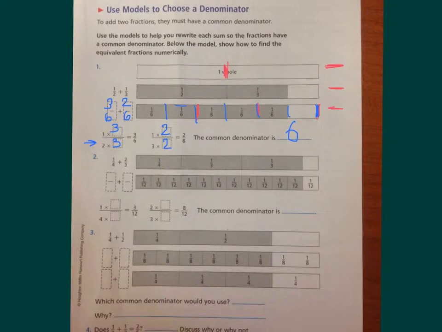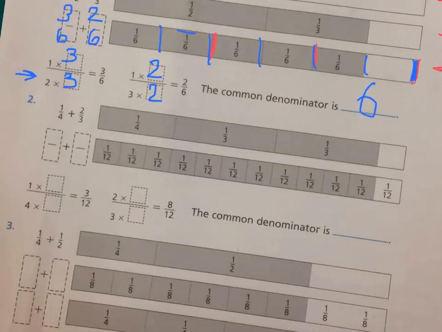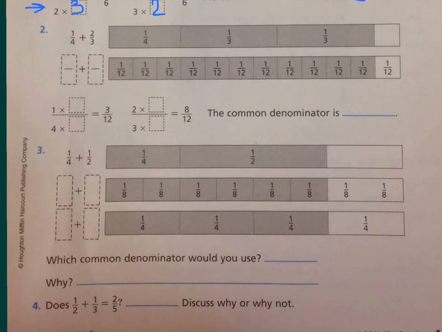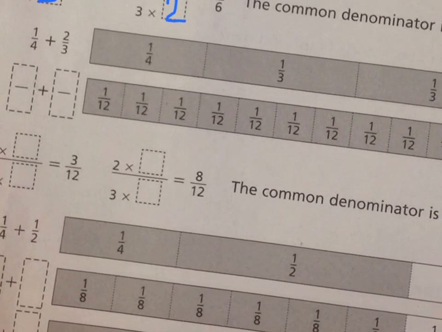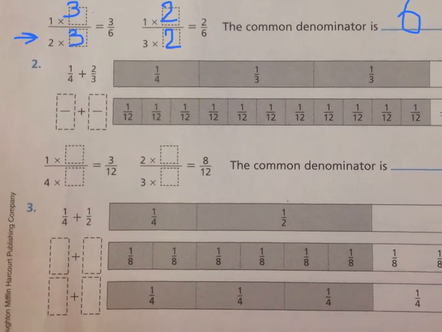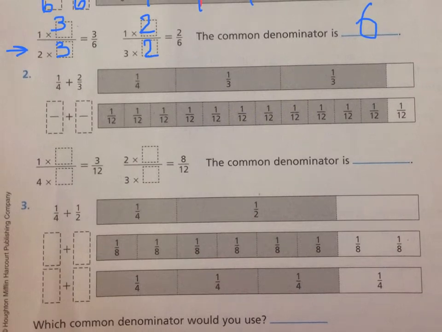All right. Using these same ideas, let's look at our next one right here. I think I'm going to try to enlarge this a bit so you can see it a little bit better. Is that better? Okay. So looking at this 1/4 plus 2/3. Now, we still have the same hole, but we know that the relationship between 3 and 4 is 12, right? That's the multiple that they share. So how do I get from this 4 to this 12? I heard it.